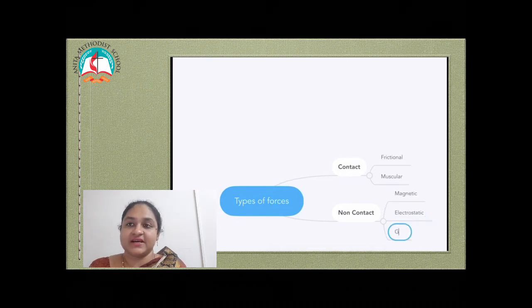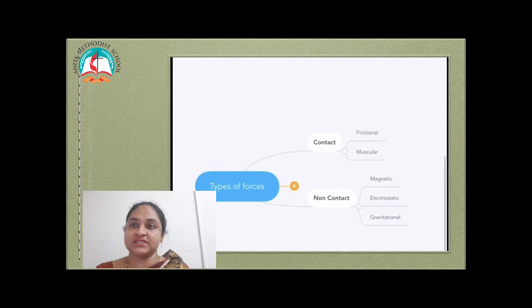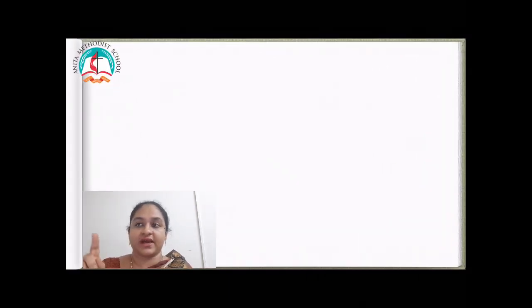These are the types of forces we will learn today. Then, types of forces: contact forces and non-contact forces. Contact forces, we have muscular and frictional.